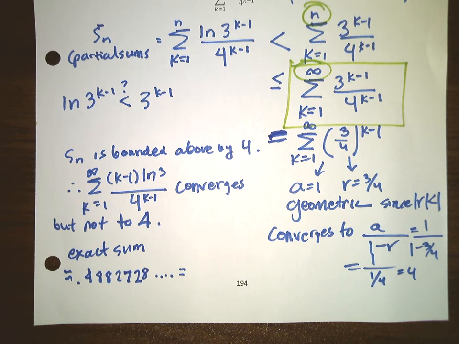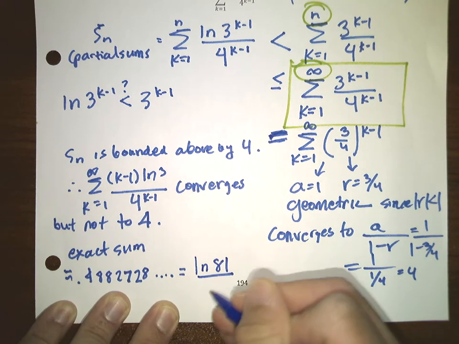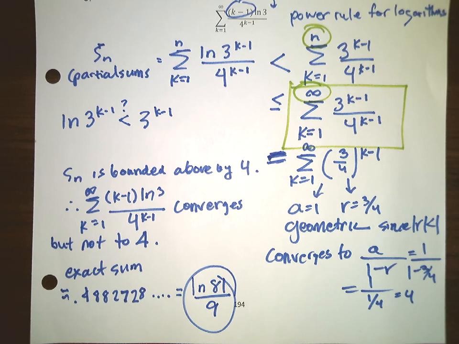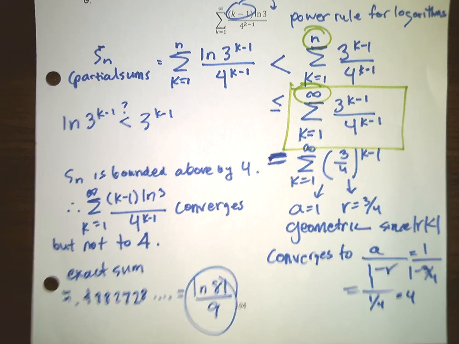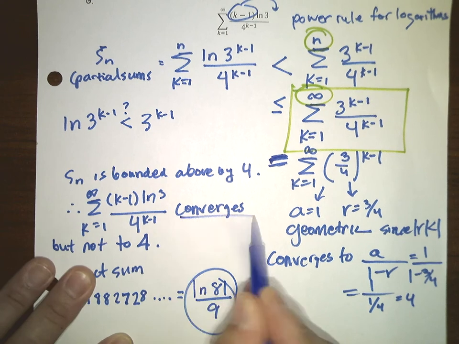I don't know. 3 to the 4th power is, yeah, so natural log of 81 over 9. All right, so natural log of 81 over 9. Yeah. So if you wanted to know the exact value, then you could find the exact value at some point in your life if you really cared that much about it. But all I asked for was, did this series converge or not?